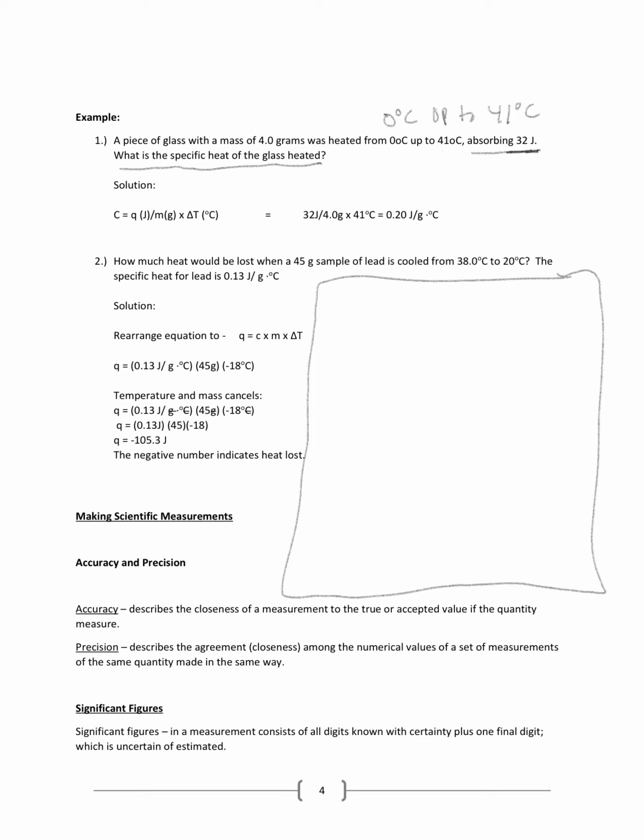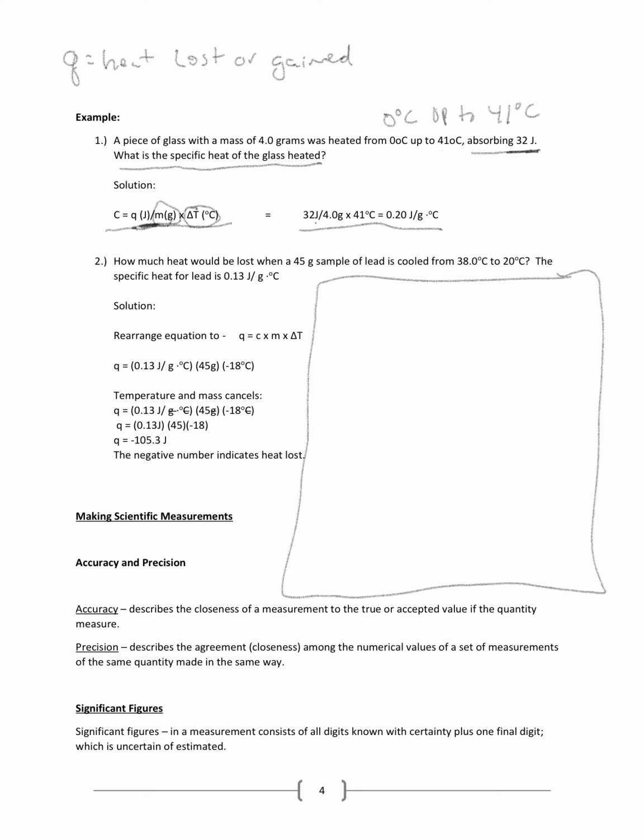So if we look at our equation, C, the specific heat, equals the amount of heat lost or gained, which was 32 joules, divided by the mass in grams, times delta T, the temperature change in degrees Celsius.